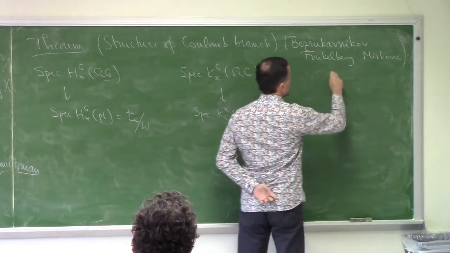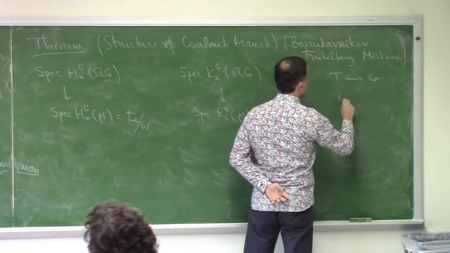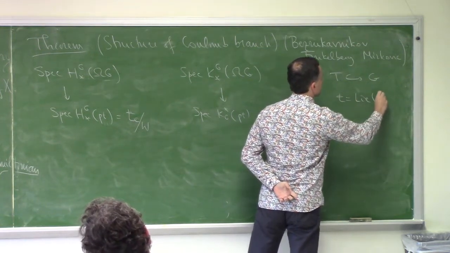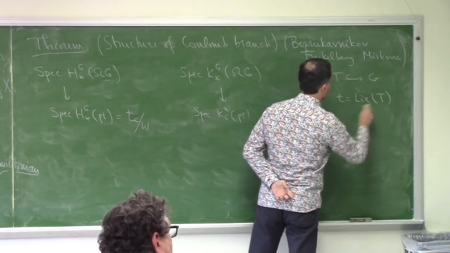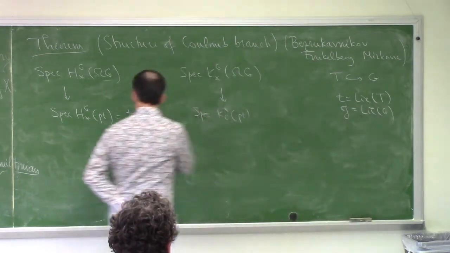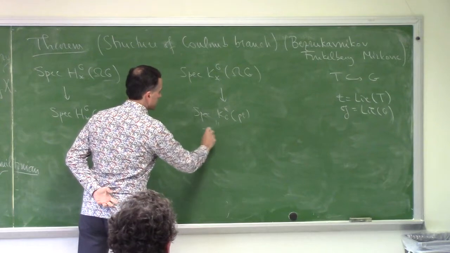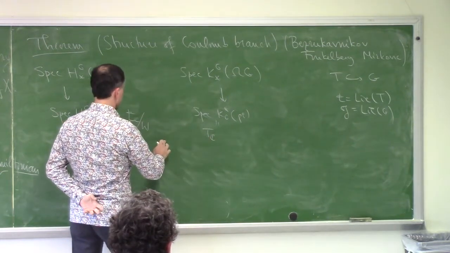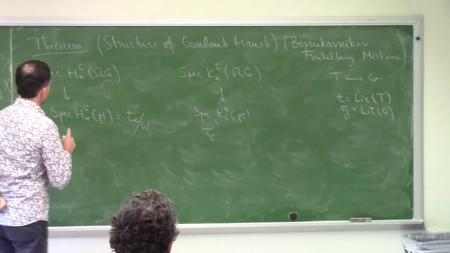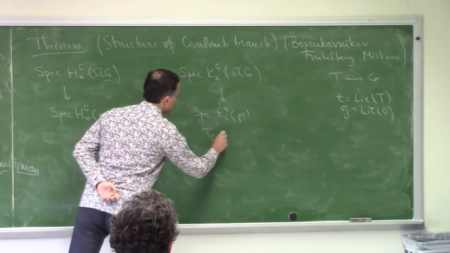So D containing G, the T is a D algebra. And this is, of course, a complexified torus mod.